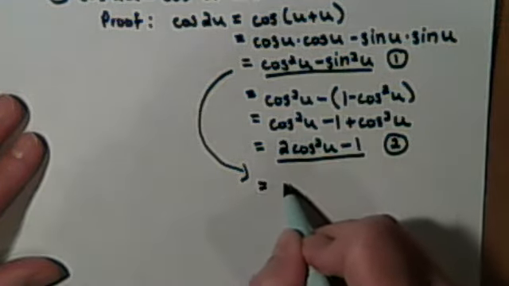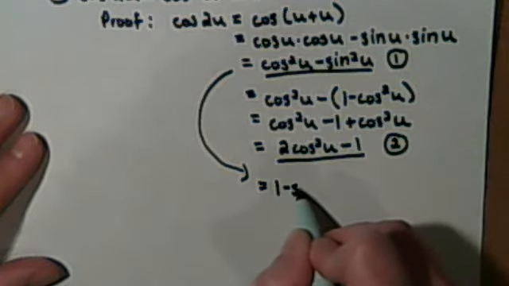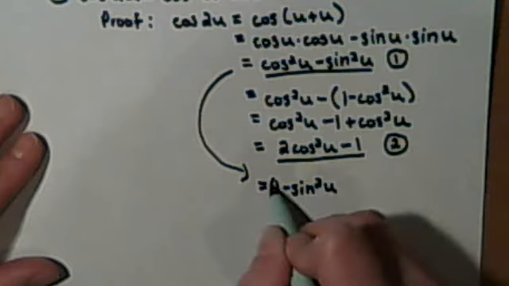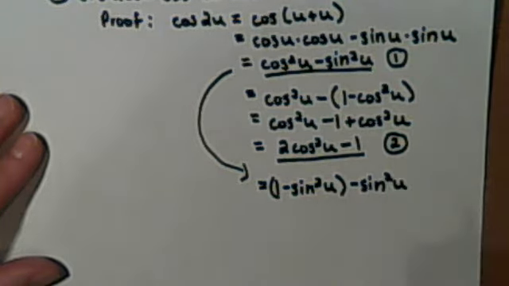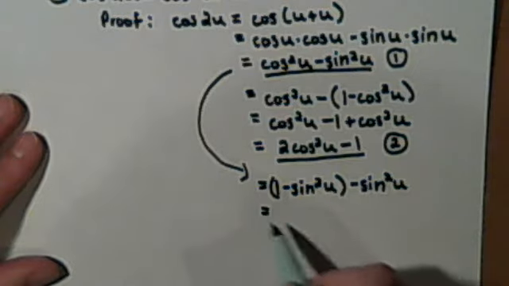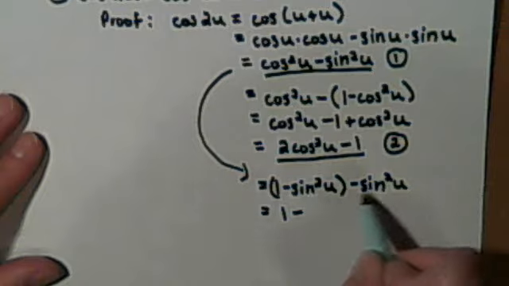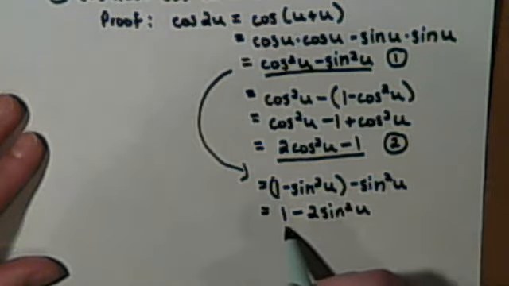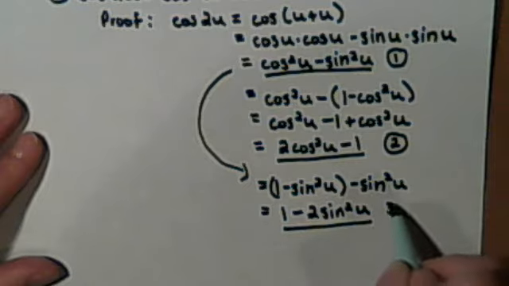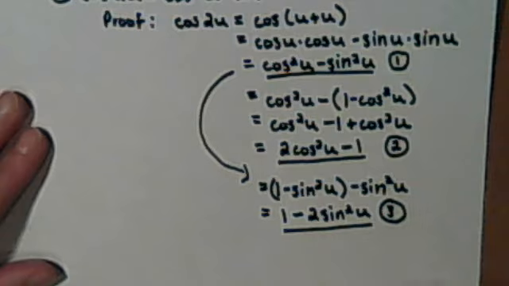So if we were to do that, again, cosine squared u would be 1 minus sine squared u minus the other sine squared u that's in the formula. And here we would end up with 1 minus, and notice we now have 2 sine squareds of u. So this would be the third version of the formula, and it would be in terms of just sine.